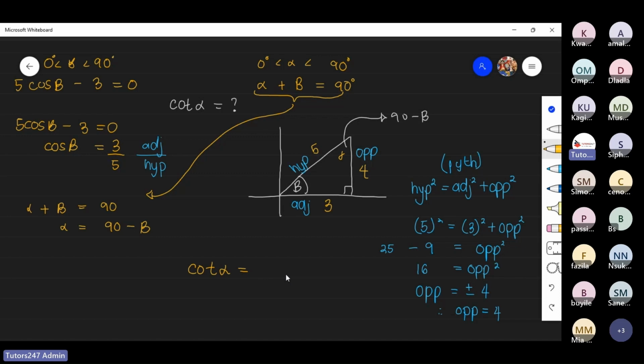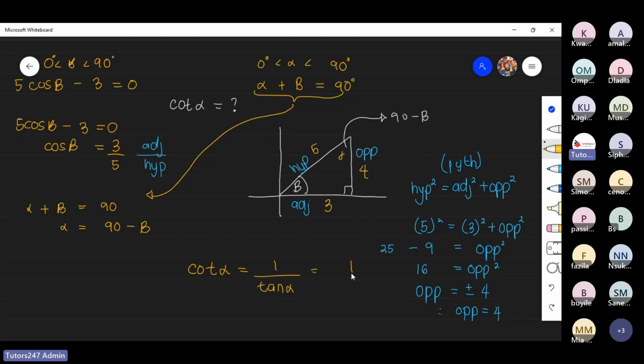We know that the reciprocal of tan is cot alpha. The reciprocal of cos is sec. The reciprocal of sine is cosec. So we now know that cot alpha is going to be equal to 1 over tan alpha. So we need to find what is 1 over tan alpha equal to.